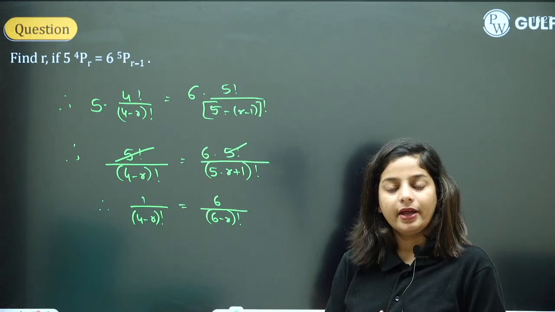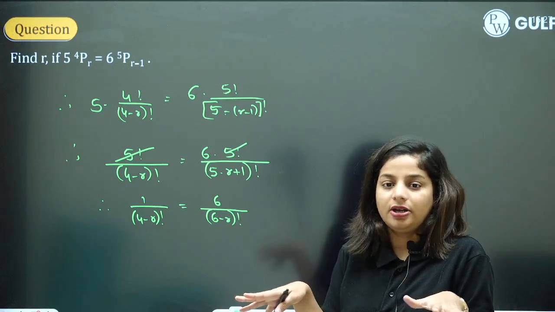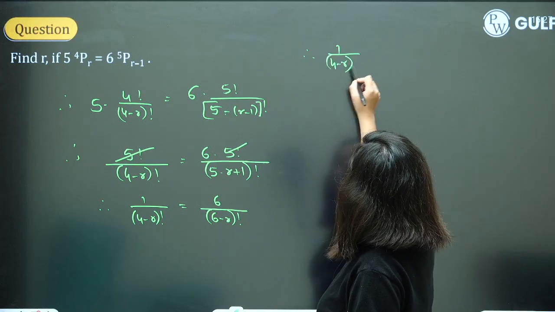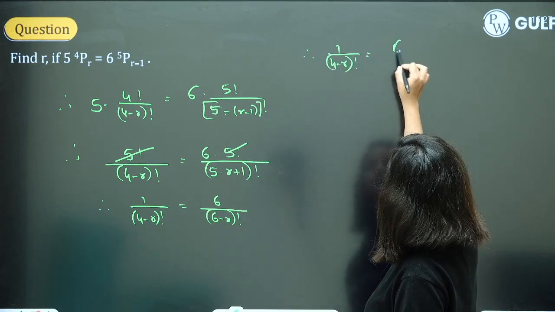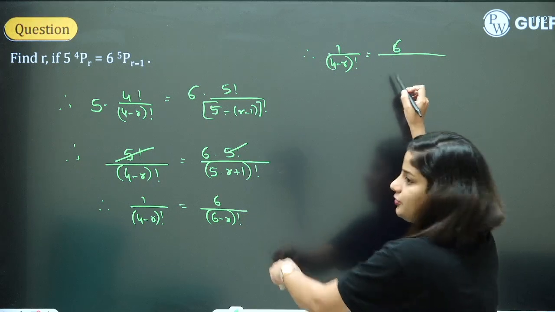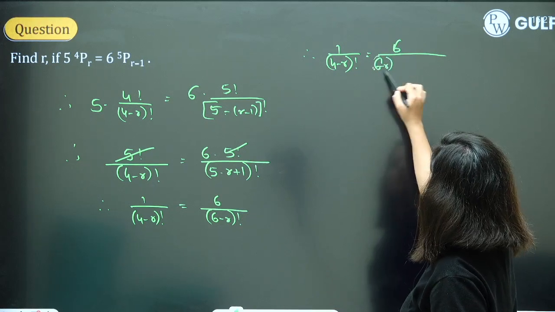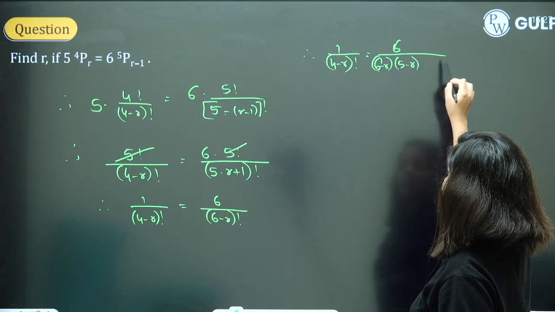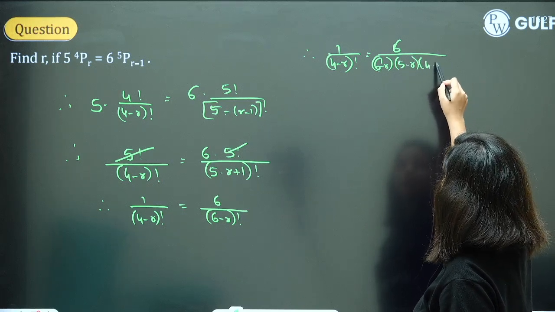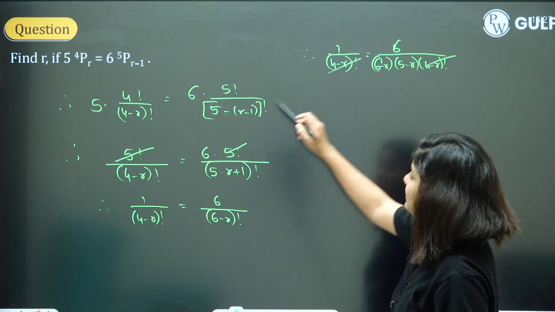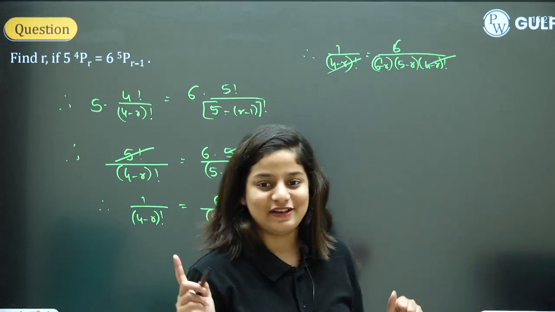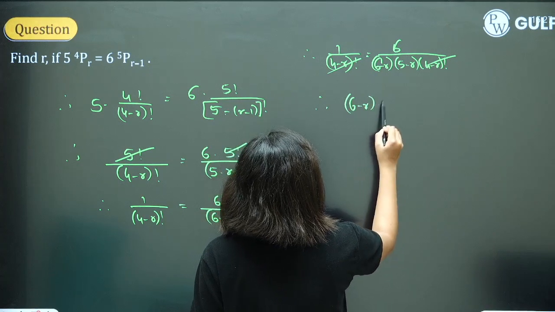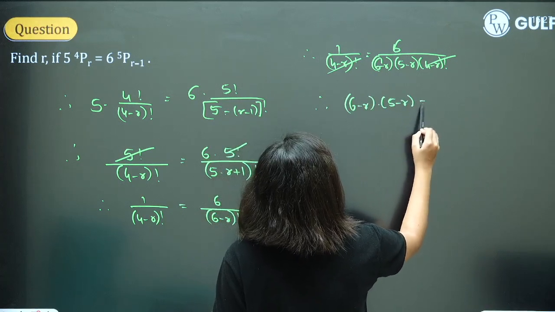You will split the bigger term always. 1 upon (4 minus r) factorial is equal to 1 upon, keep on reducing one term: (6 minus r), then (6 minus r minus 1) which is (5 minus r), then (5 minus r minus 1) which is (4 minus r) factorial, stop. Why stop? So that we can cancel from left and right. Rearranging it, (6 minus r) into (5 minus r) is equal to 6.